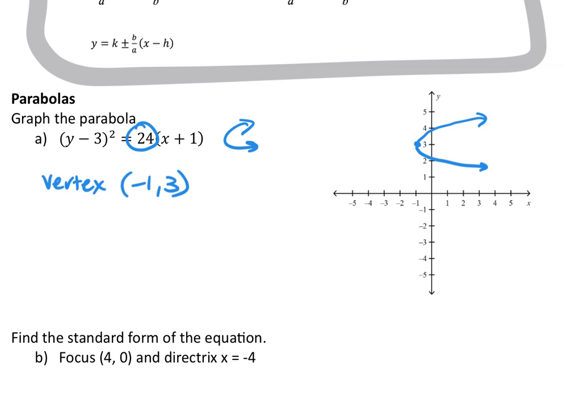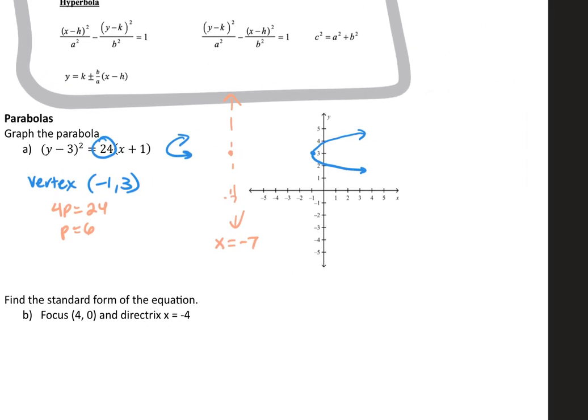So now I know 4p = 24, so p would equal 6, which means to the left of my vertex, 6. So I'd be back at -7 is my directrix. So x equals -7 is the directrix.